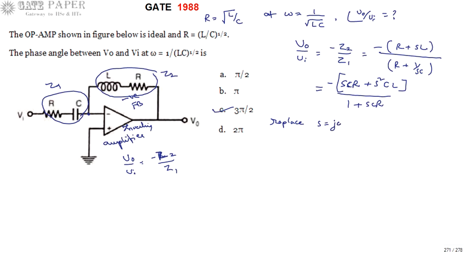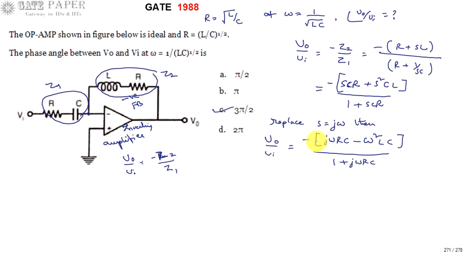Now replace S with j omega. Then V0 by Vi is equal to minus of j omega RC plus j omega whole square, and j square is equal to minus 1, so you can write it as minus of j omega RC minus omega square LC, divided by 1 plus j omega RC.